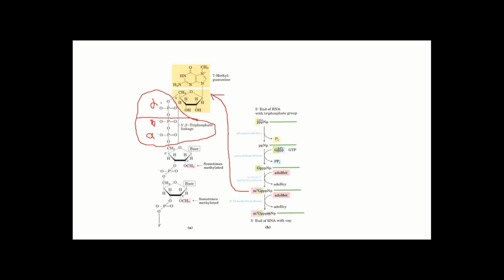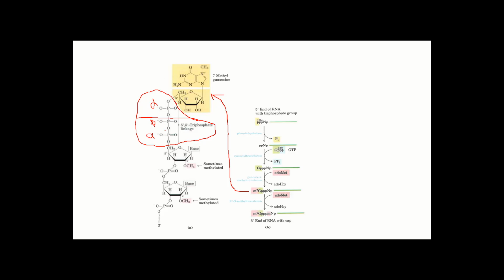So this phosphate is part of the G cap, and these two phosphates, alpha and beta, are part of the 5' nucleotide of the mRNA. They will make a phosphodiester bond, and this bond is known as the 5' to 5' triphosphate linkage, because the phosphodiester bond has been formed between the beta phosphate of the mRNA and the alpha phosphate of 7-methyl guanosine.